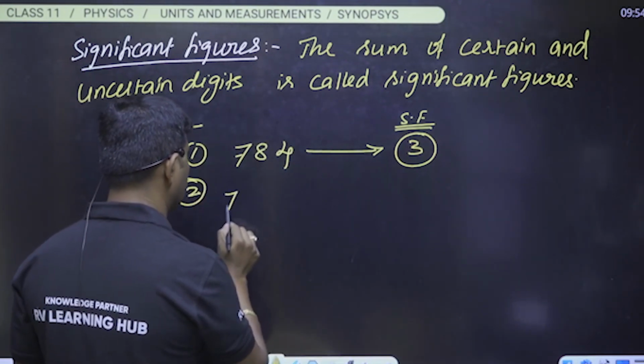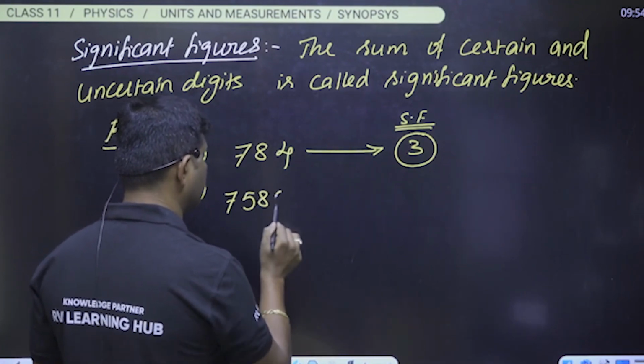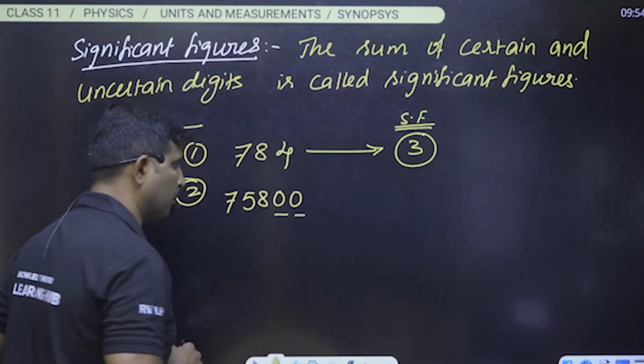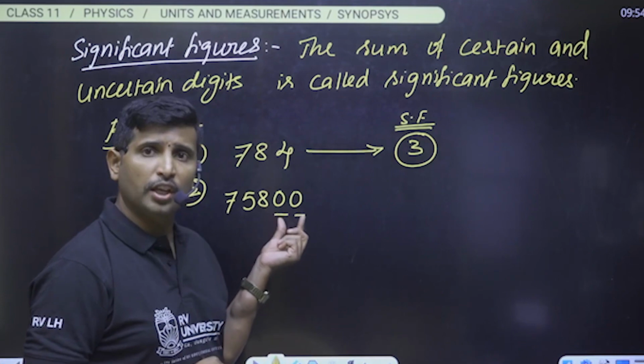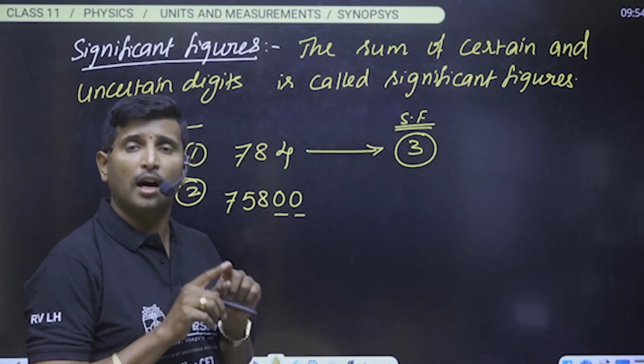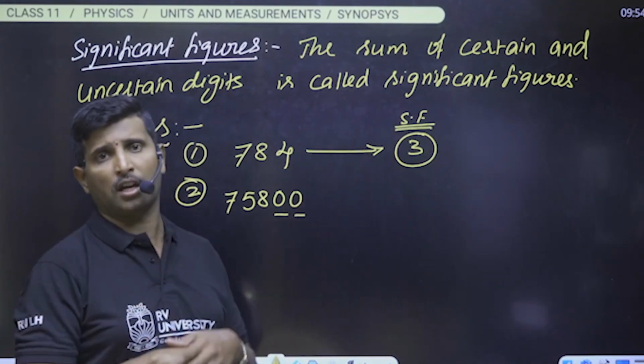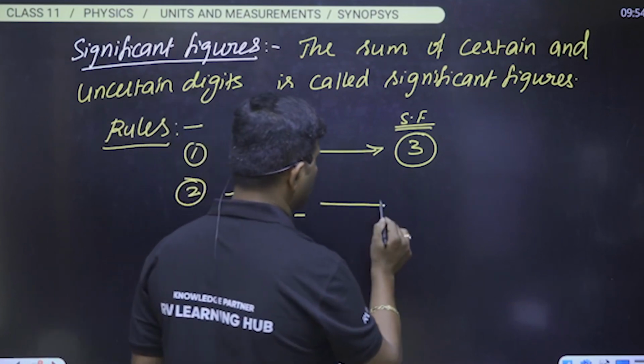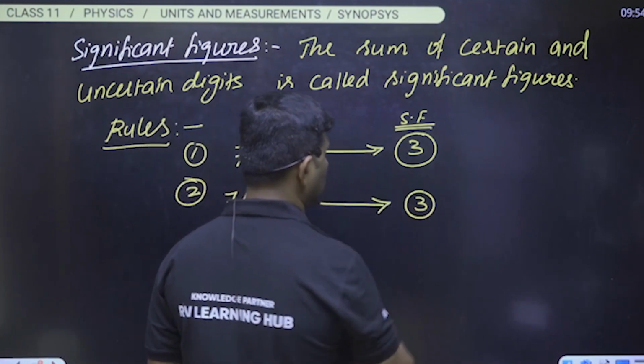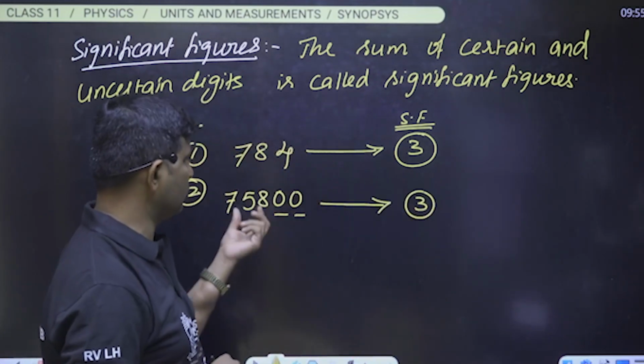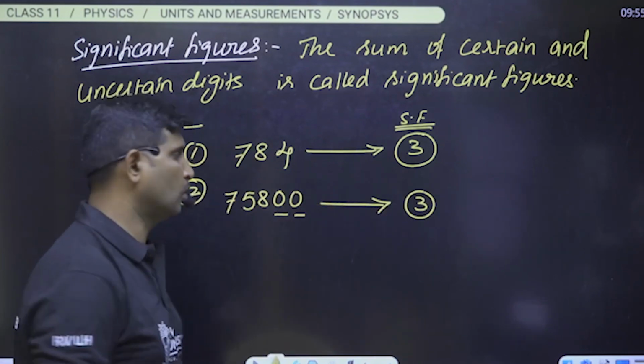second one, see here, 75800 is there, no? That means the terminal zeros are not significant. Therefore the number of significant figures in this is also equal to how much? Only 3.